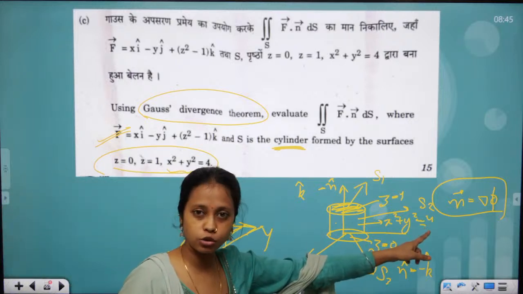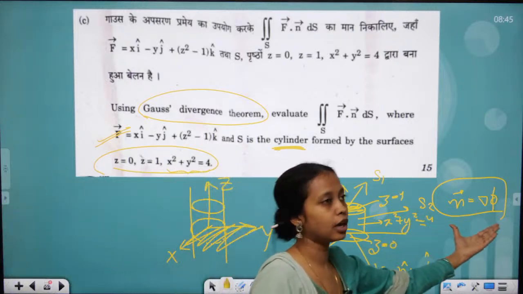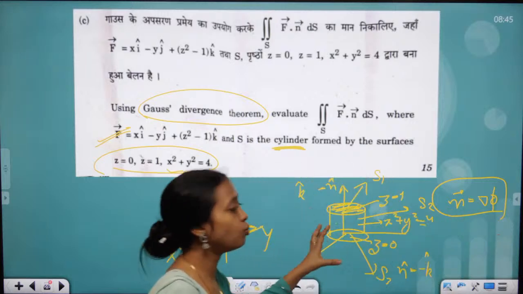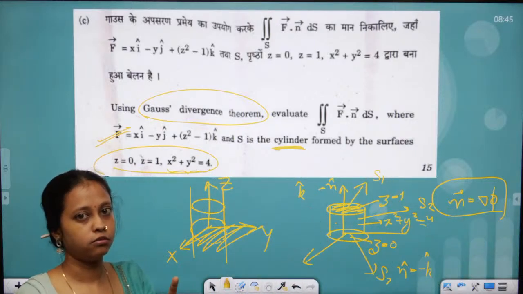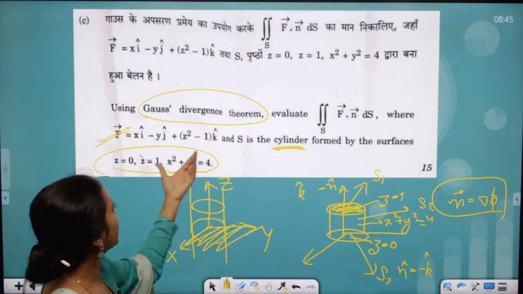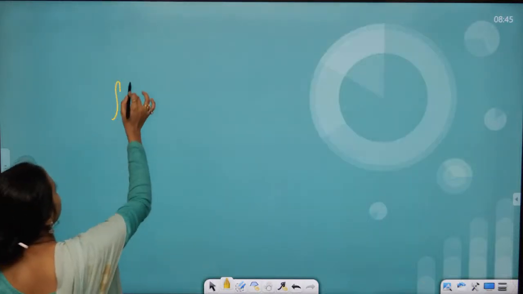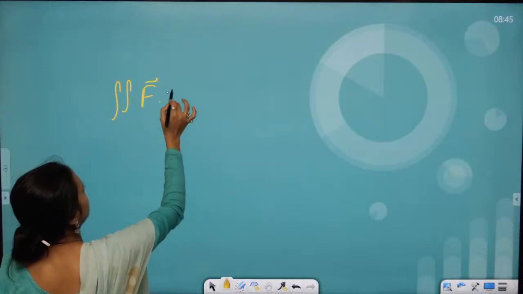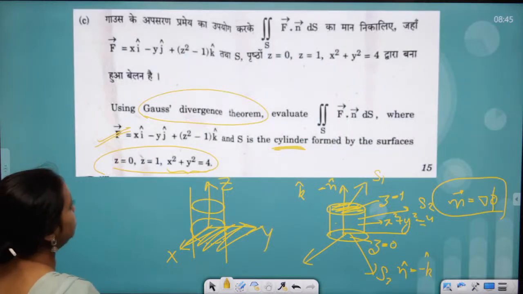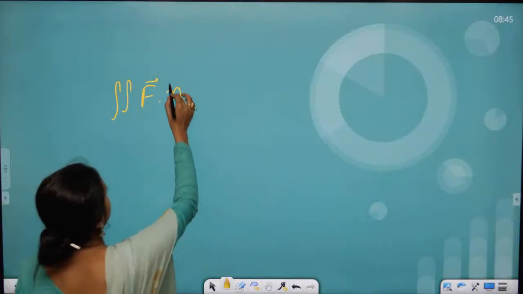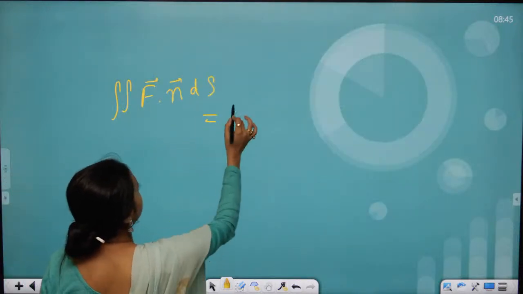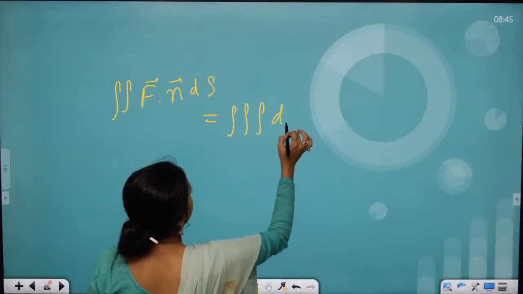In the Stokes theorem also I have written that. So the same kind of calculation over here as well. This question was lengthy but not difficult. Again apply the Gauss divergence theorem. What is Gauss divergence? It is actually the conversion from the double integration to the triple integration.